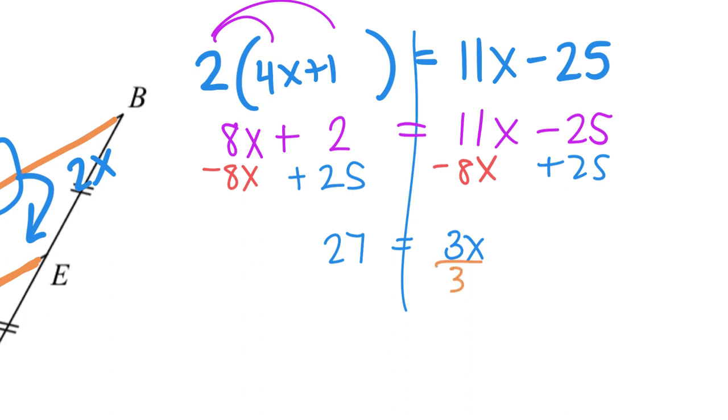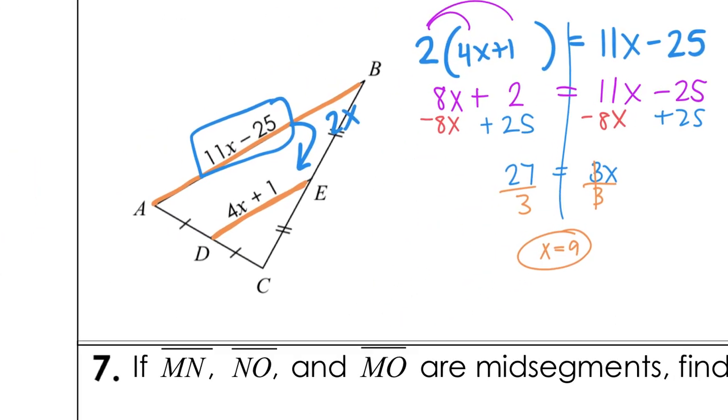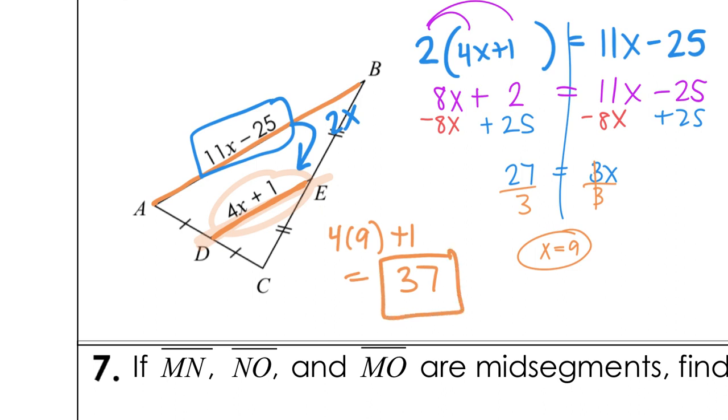And then you can divide by 3, and you'll get x equals 9. But that's not what they want, right? They want DE. So you're just going to have to plug it in. DE is right here. You're just going to have to plug it into that 4x plus 1. So 4 times 9 plus 1. That's going to give us 37. So that would be our final answer. DE is 37.